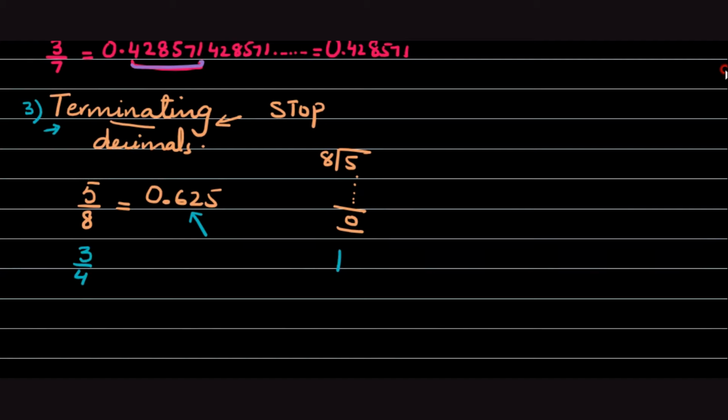Once you are dividing 3 and 4, you will get the answer 0.75, and definitely you will get 0 as a remainder, means you can terminate the values. So in this situation, the decimal point will not be continued, it will stop somewhere. So it means terminating decimals are called rational numbers.